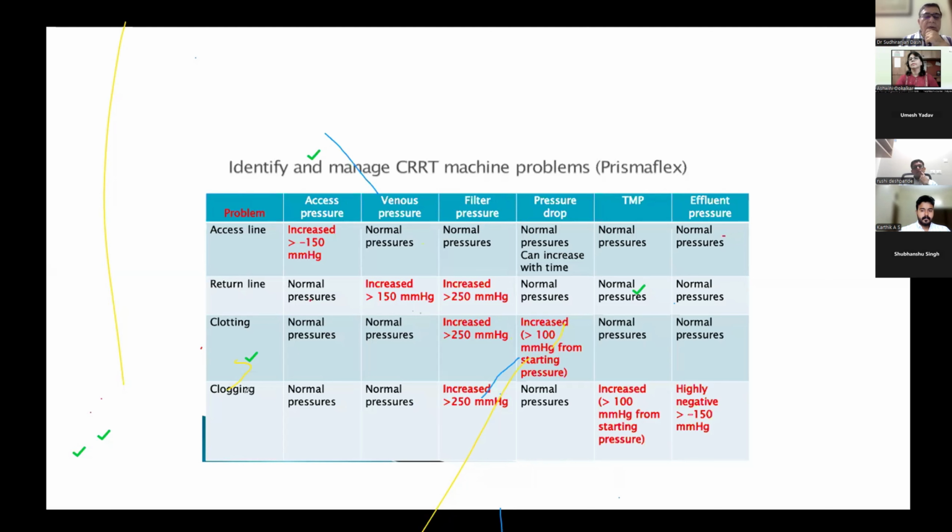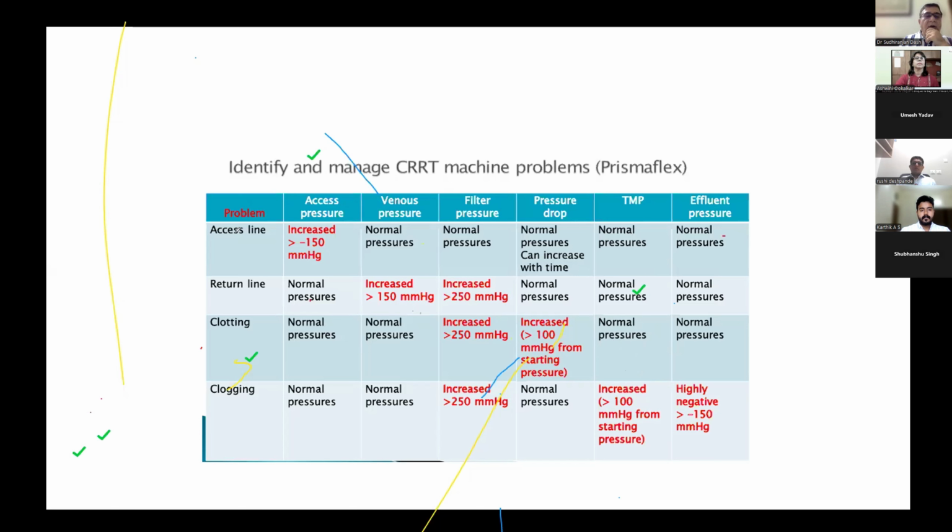Whereas in clogging, the pressure drop will not happen, but the filter pressure will be increased in both. The transmembrane pressure will be normal in case of clotting, whereas it will be more in case of clogging, since more negative pressure is created to target the ultrafiltration. So that's why the transmembrane pressure will be increased in that.